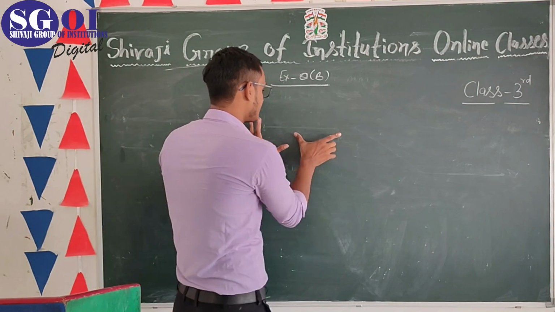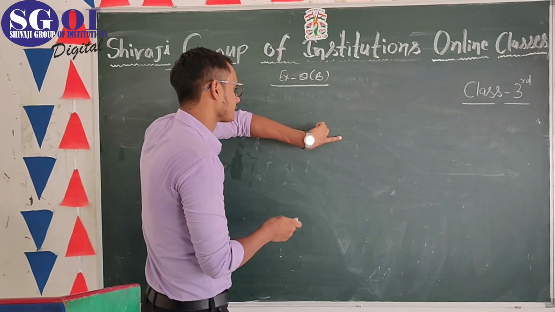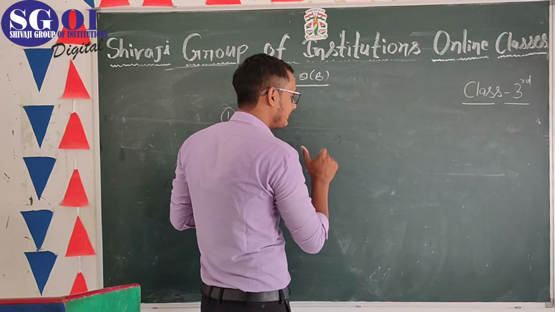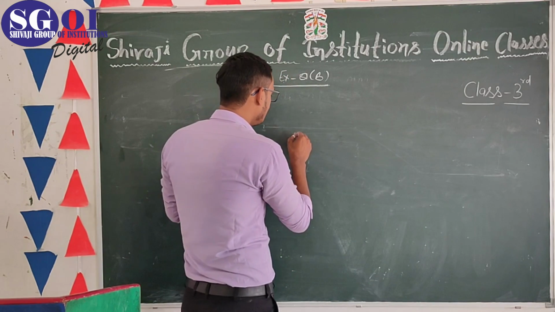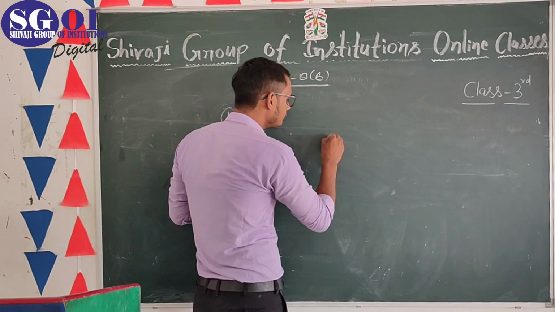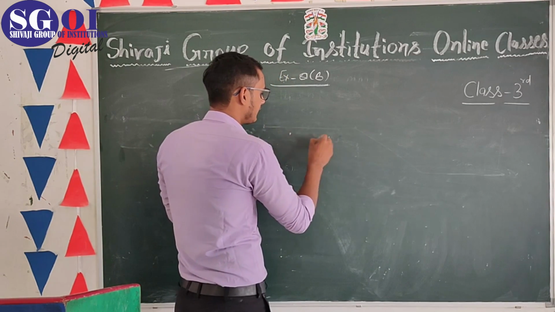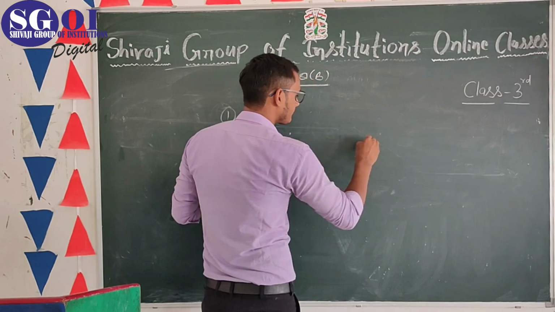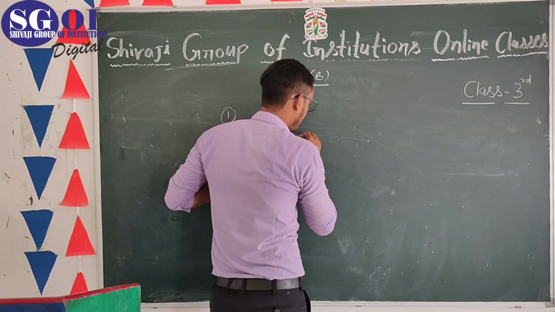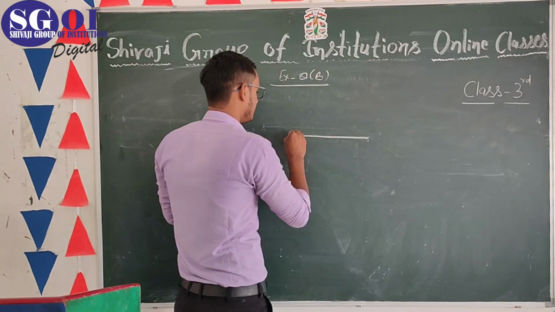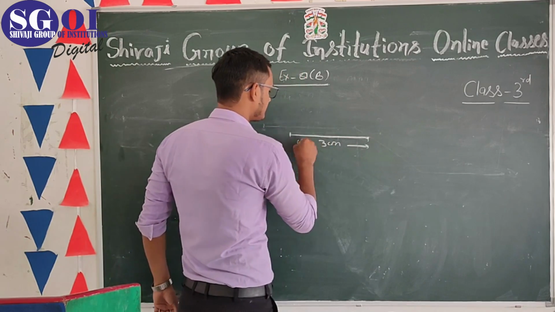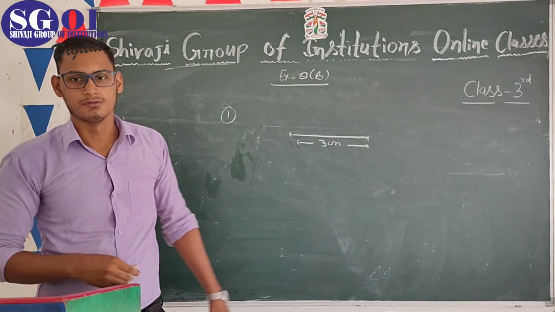First we put the scale on your paper and we mark from 0 to 3. Then draw a line segment. This line segment is 3 centimeter.